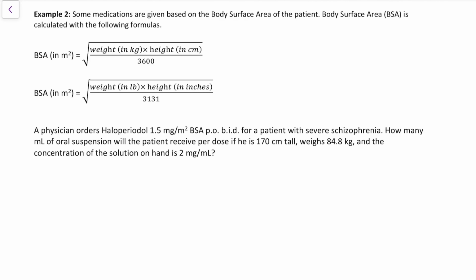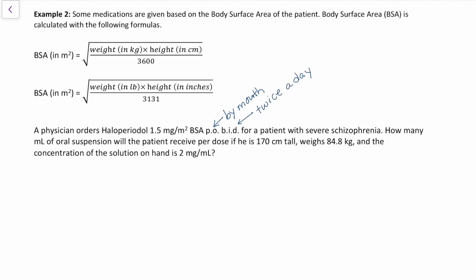And what the question says is a physician orders haloperidol 1.5 milligrams per meter squared body surface area. So body surface area is in meters squared. Remember that PO means by mouth. BID means twice a day.